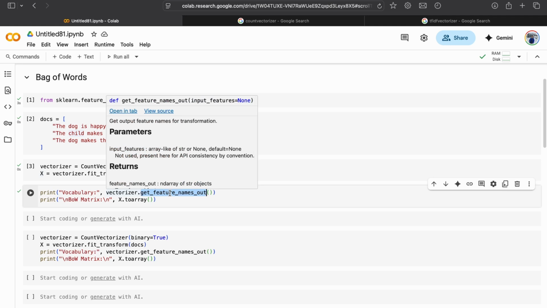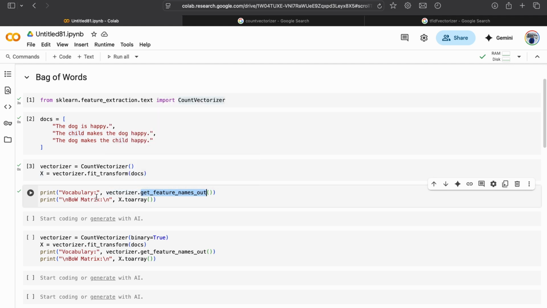The feature names are the unique words that we had. So we'll see the feature names. The unique words are also called the vocabulary for this corpus. And then we have the matrix that we saw. It will have the vector representation of each of the sentences, basically the bag of words representation.